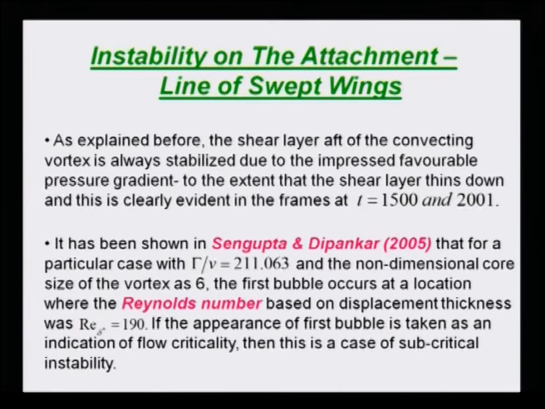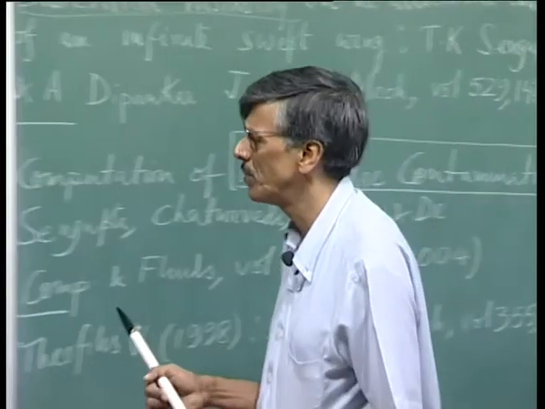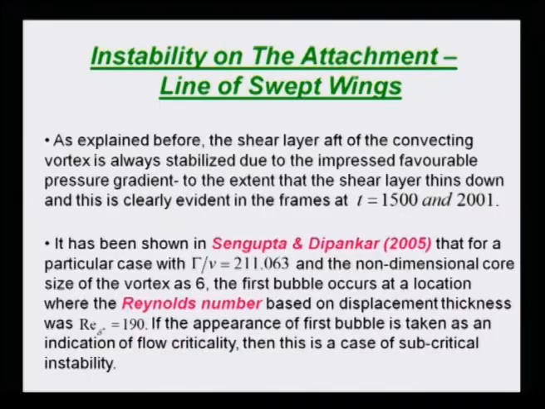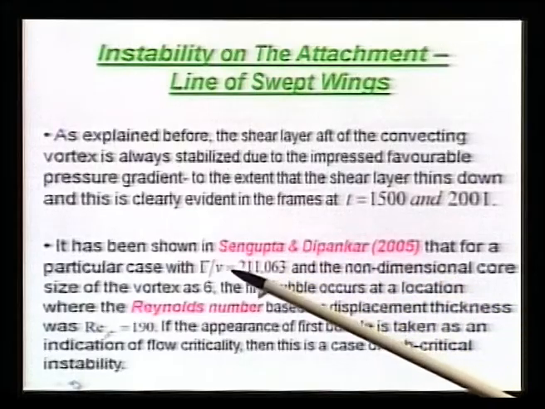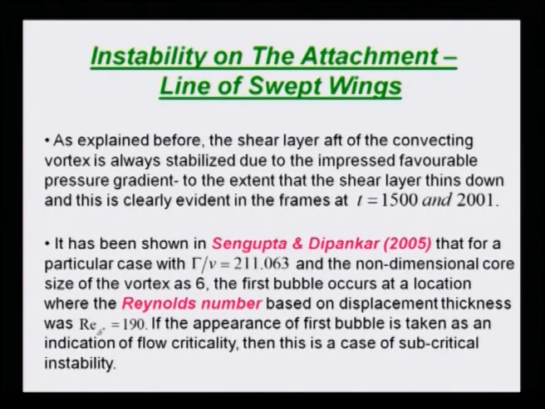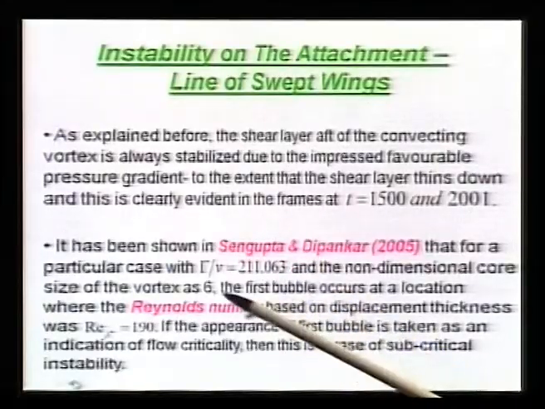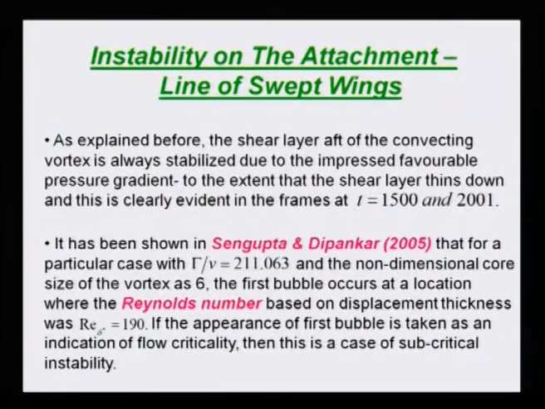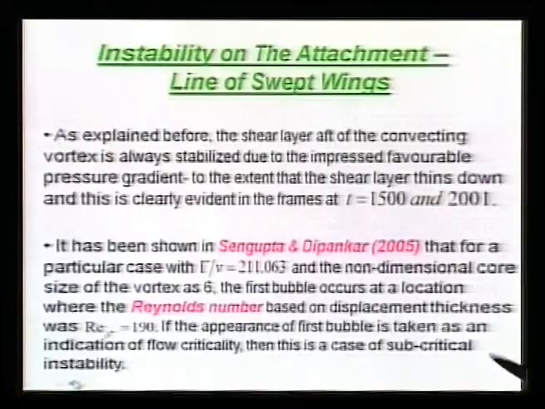Now, we did show a case in this paper, gamma by V about this kind of value. See, this is trying to make it a kind of non-dimensional core size of the vortex.